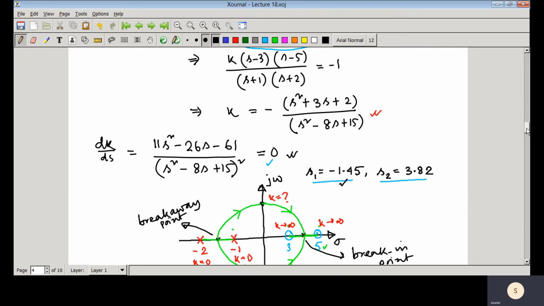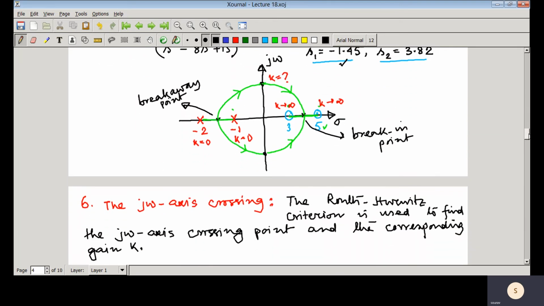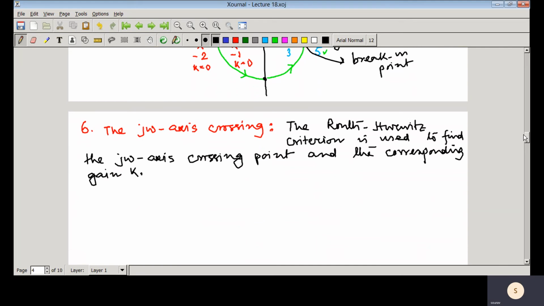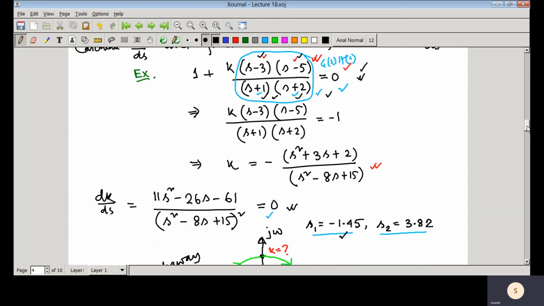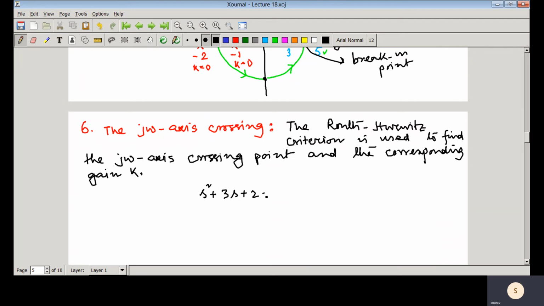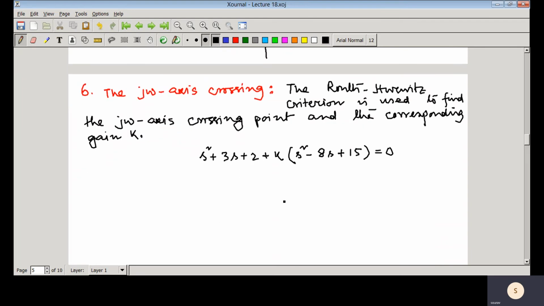If we write the characteristic equation, the polynomial is s square plus 3s plus 2, multiplied out, plus K into s square minus 8s plus 50 equal to 0. This is the polynomial for this particular problem.